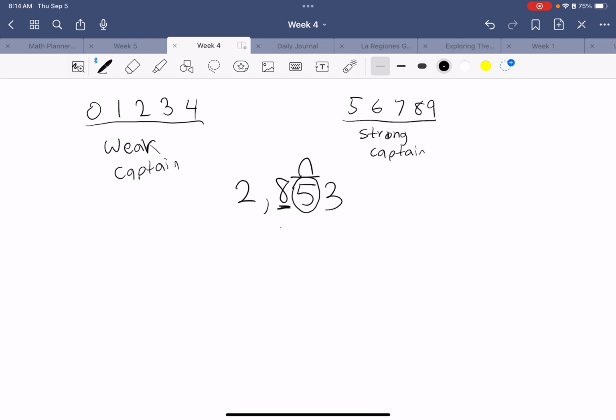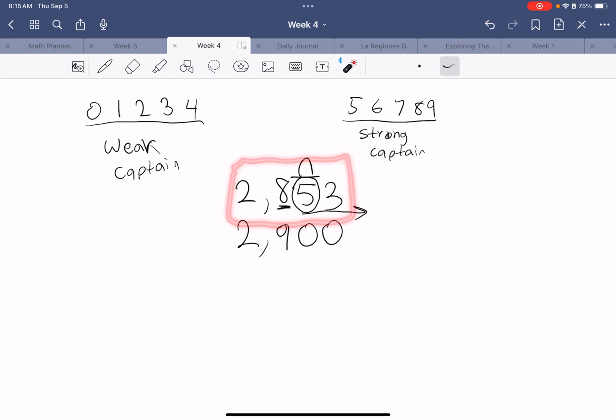And the 8 has to listen, so he's going to go up to a 9. Whatever I circled and whatever's going this way is going to become a 0. So the 5 becomes a 0, the 3 becomes a 0. Whatever I didn't touch over here is going to stay the same. So if you round this number to the nearest 100, it'll be 2,900.